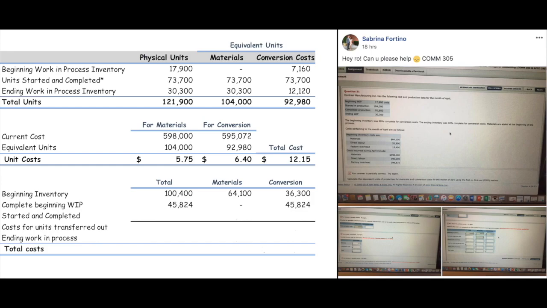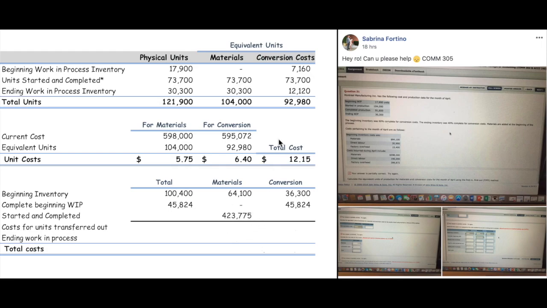Now for the units that are started and completed, we see that for materials and conversion costs, it's the same, it's 73,700, and this should really always be the case because started and completed units are 100% complete in the current time period. So to assign cost to these units, we can multiply 73,700 by the cost of DM, 5.75, to assign cost for materials.